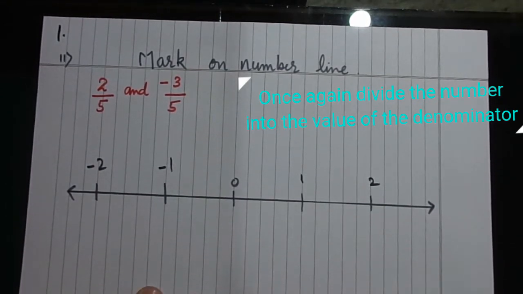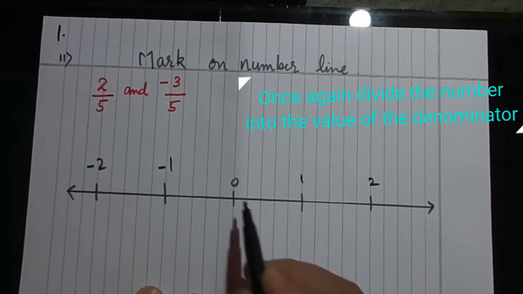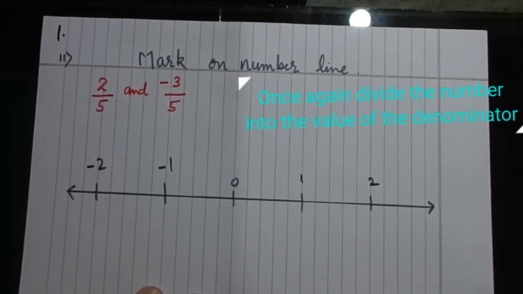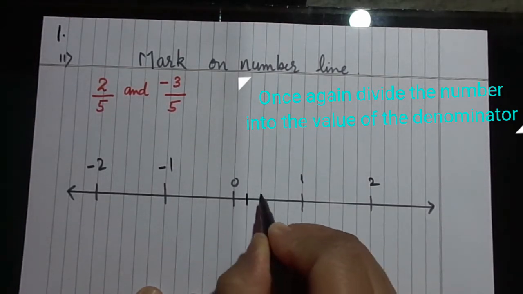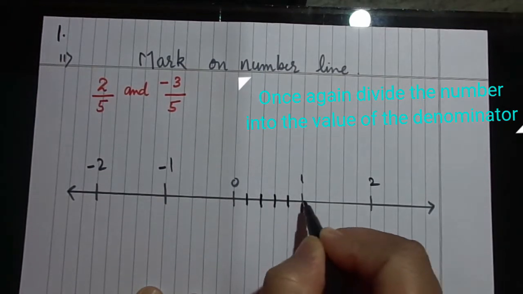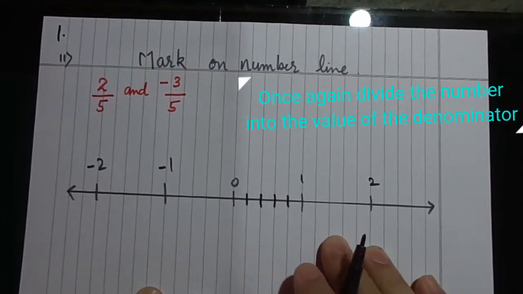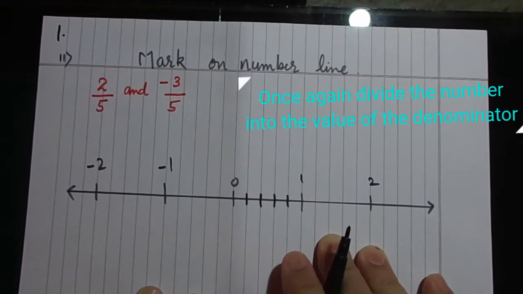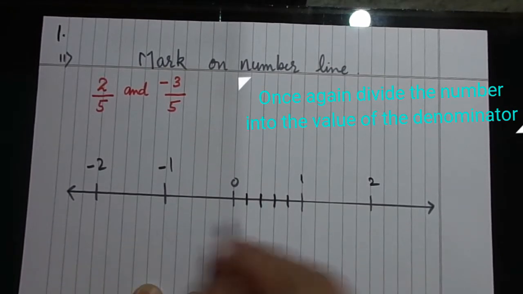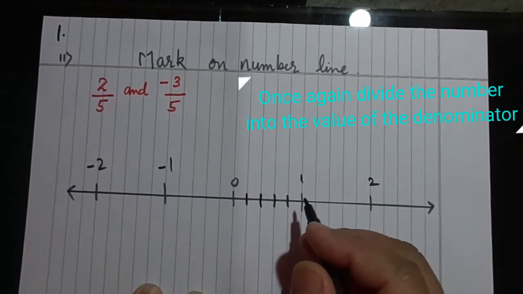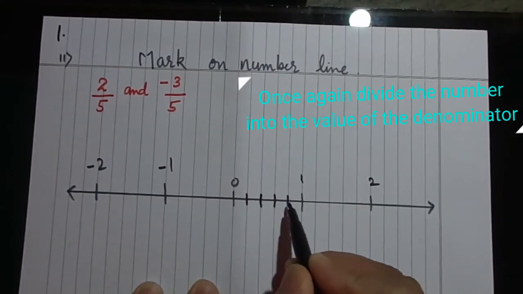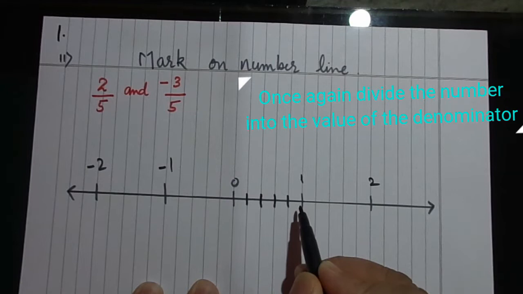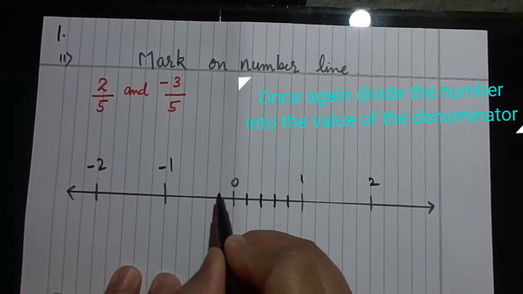Now 2 by 5 means each of them should be divided into 5 subparts. 1, 2, 3, 4, 5. I have done it cleverly from before. So while marking, I don't have any issues, but you have to mark these intervals equal while solving the sums.